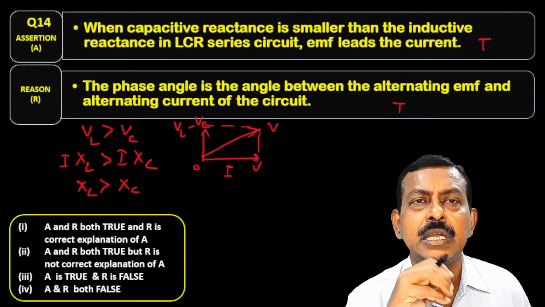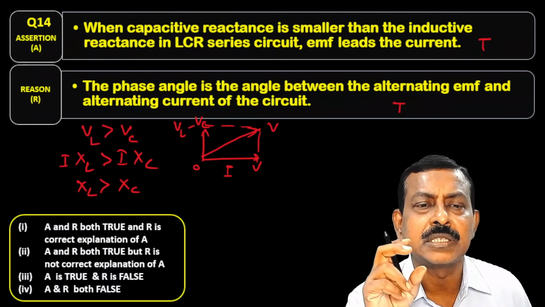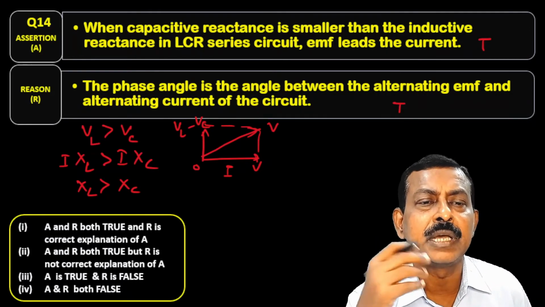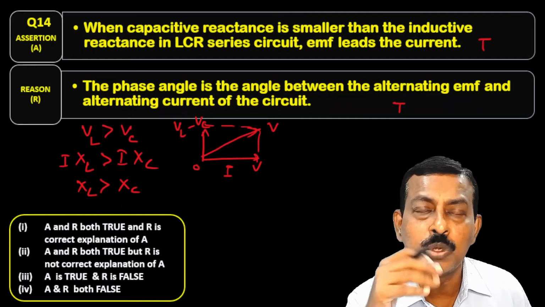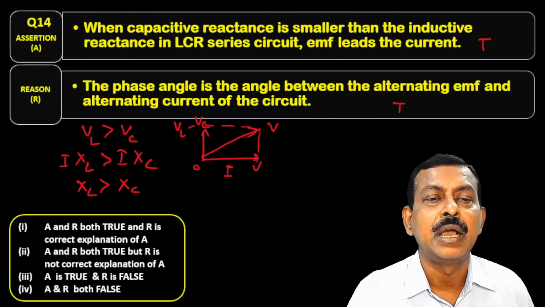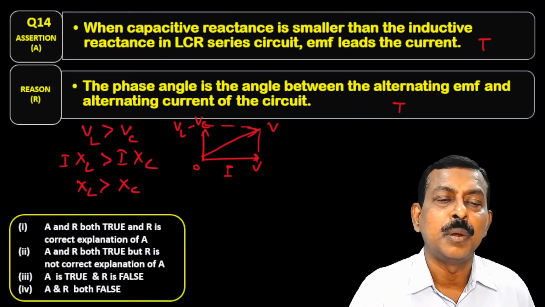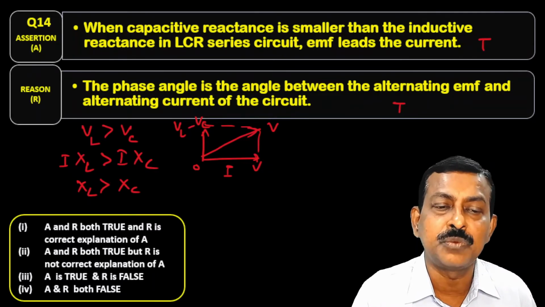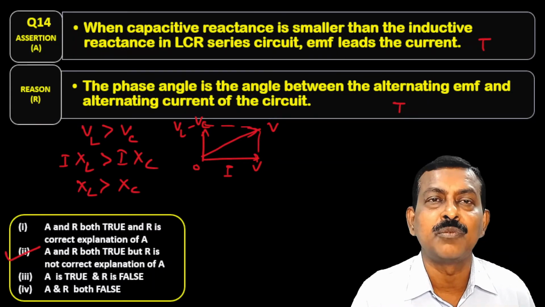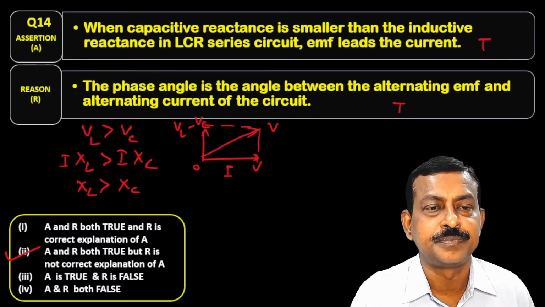Now this does not explain the assertion, although both are true. So assertion and reason both are true, but the reason is not the correct explanation for the assertion. So the second one will be the correct option.